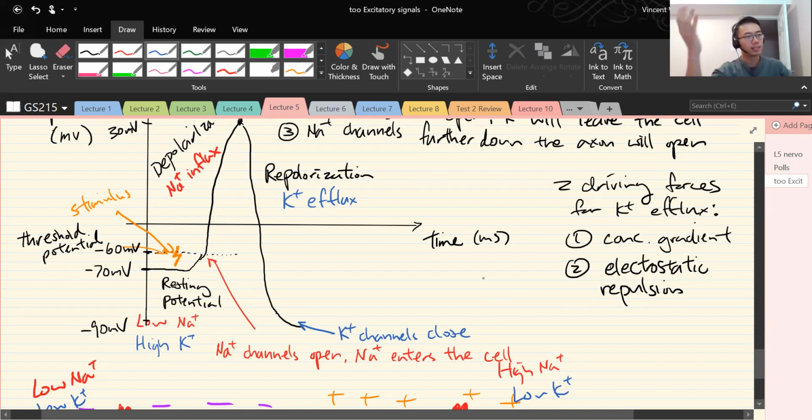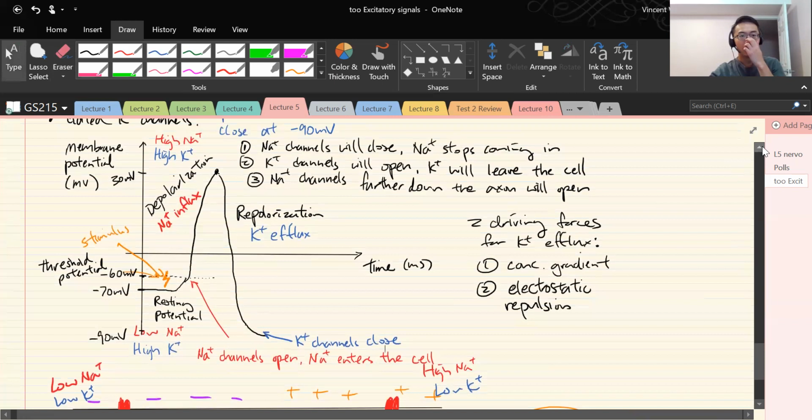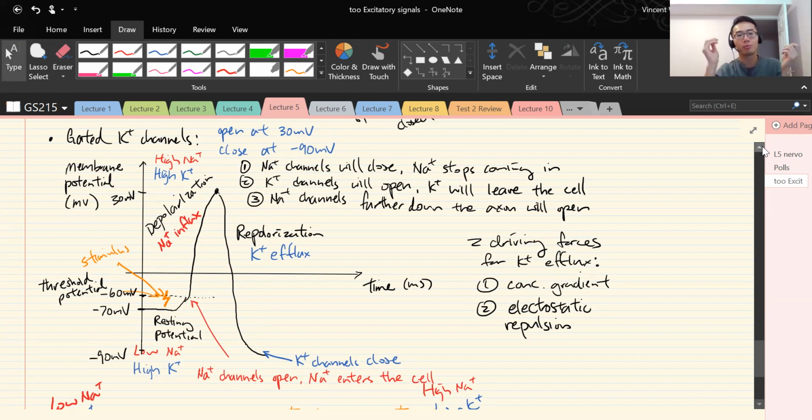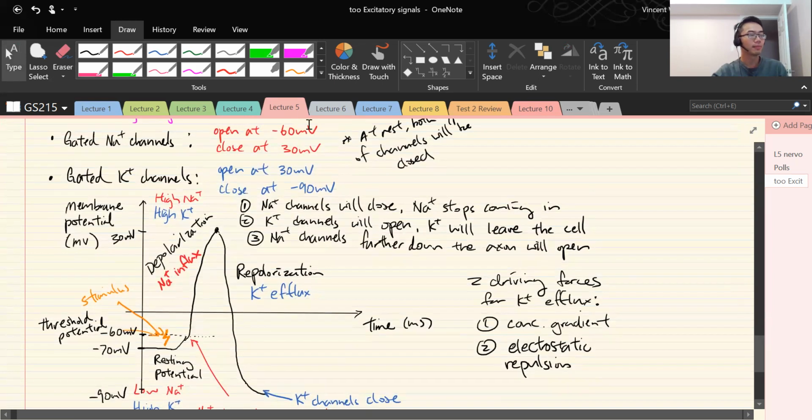Now, a couple of things that you might have overlooked. At what voltage does the sodium channel open again? Just think about that in your head. At what voltage does the sodium channel open? -60, right?